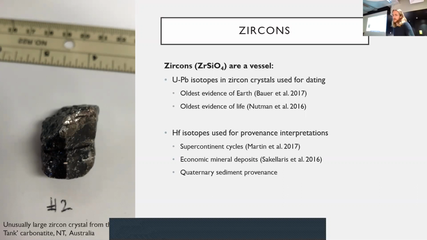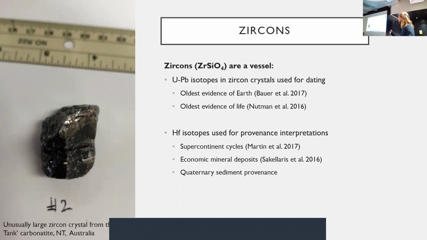We can also look at hafnium isotopes in zircon crystals, which tells us about the crystallization history of that crystal, which you can trace back to the location of formation. So that's been used for reconstructing supercontinent cycles and understanding more about economic mineral deposits.